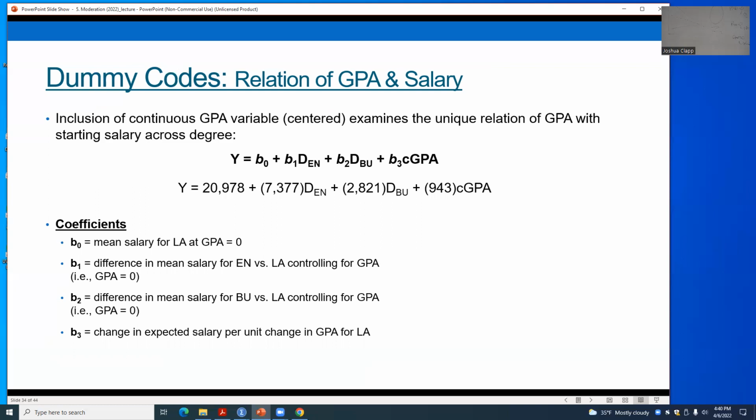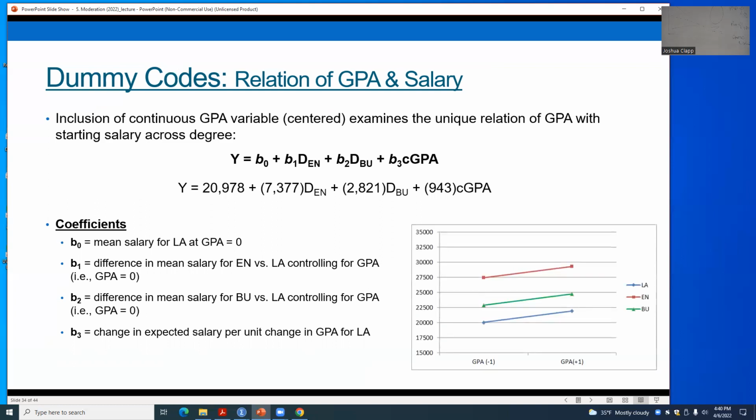Why is this for liberal arts? Okay, close. Not held constant at the mean. If I have 0 here and 0 here, it just means I'm not a business major and I'm not an engineering major, so I must be a liberal arts major, right?